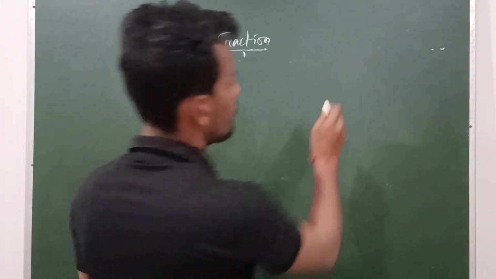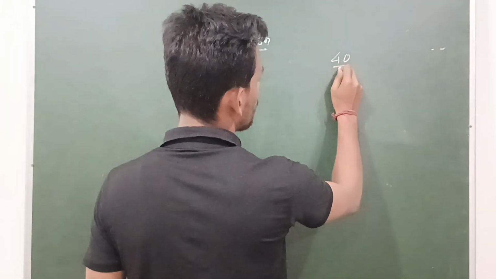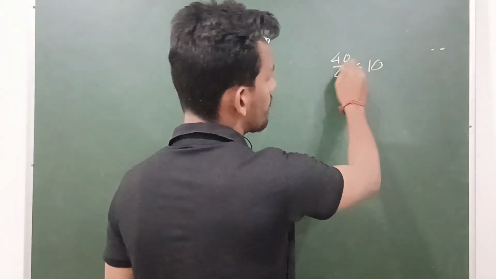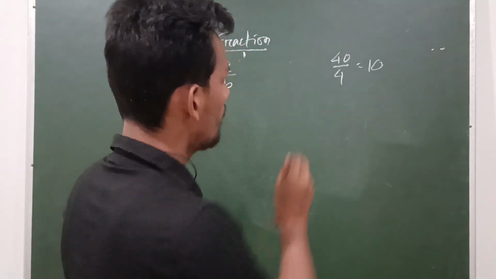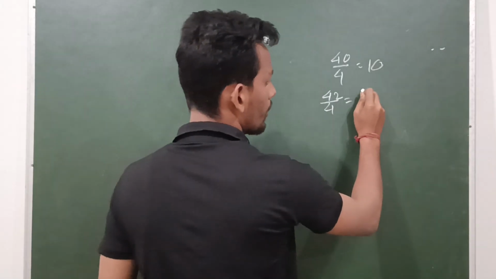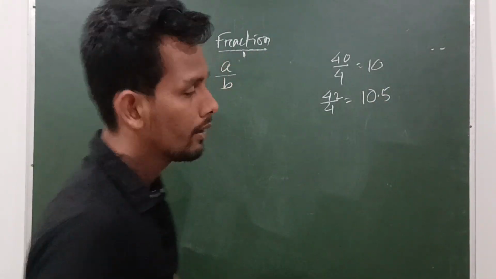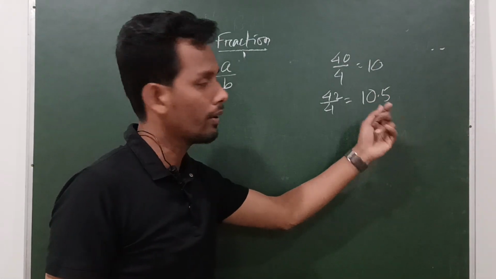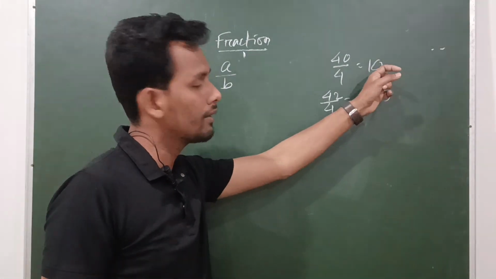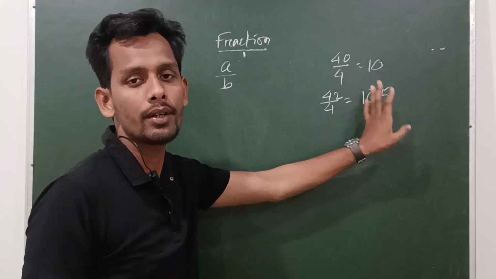Suppose the fraction is 40 by 4, the answer is 10. It is directly divisible. If you divide 42 by 4, the answer will be 10.5. Clear? Now it is a decimal. There are some digits after the decimal.